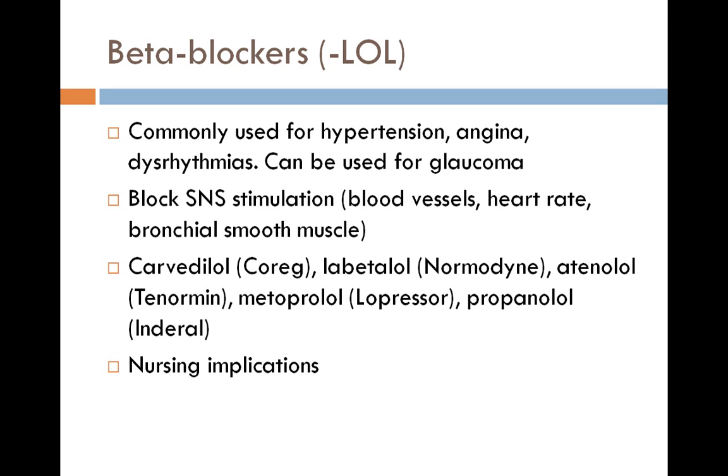I mentioned earlier that beta blockers can be used for glaucoma, and what they do for patients that have glaucoma is that they decrease aqueous humor. But we have to know that in addition to a decrease in aqueous humor, it can also cause the person to have a drop in their blood pressure.